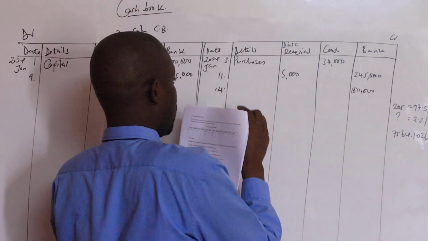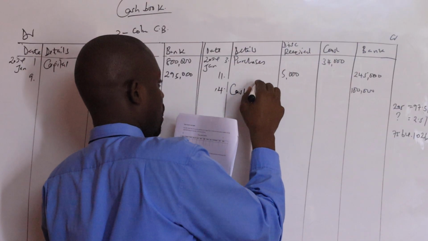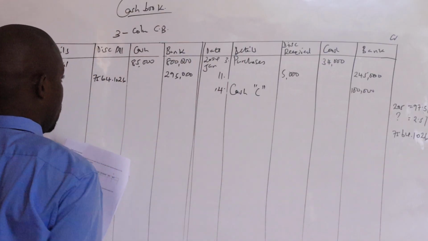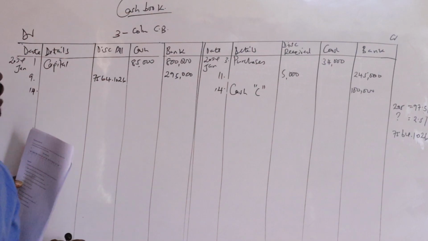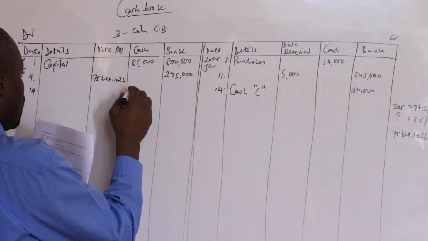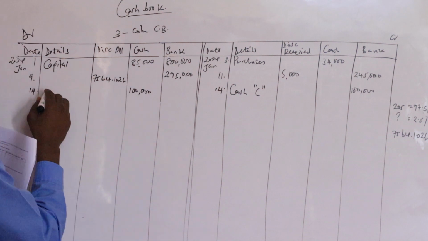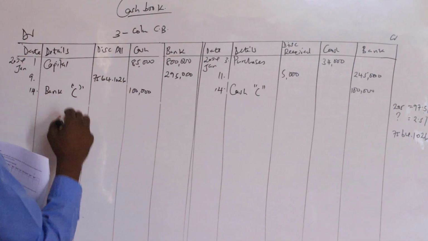Where is it going to? It's going to the cash till or our safe at the business. So it's a contra entry. That's why I'm recording with a C there. On the debit side, I do the same, but that money is going to be kept in the cash till. So cash column, where is it coming from? It's coming from bank, and that's a contra entry.